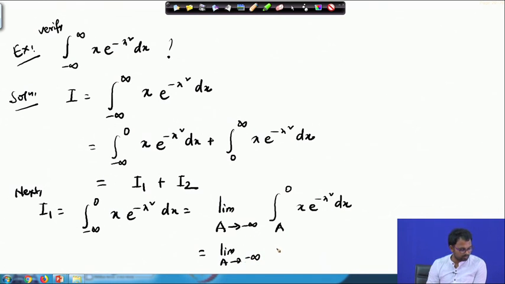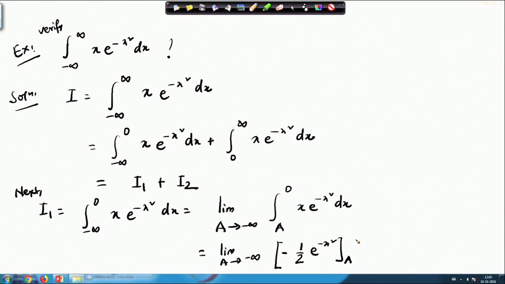The limit as a goes to minus infinity of minus half e to the power minus x squared from a to 0. If I substitute x equals 0 and x equals a, this will be the limit as a goes to minus infinity of minus half plus half e to the power minus a squared.